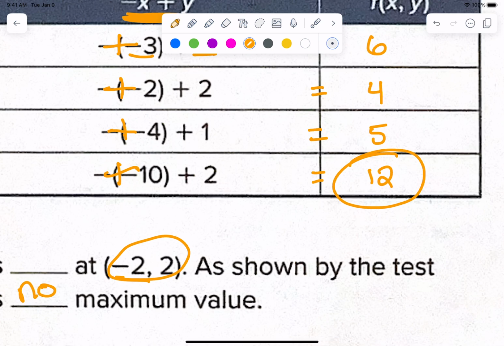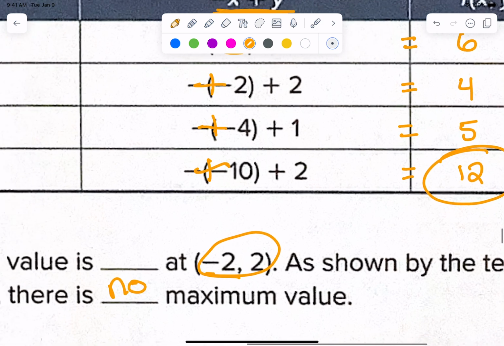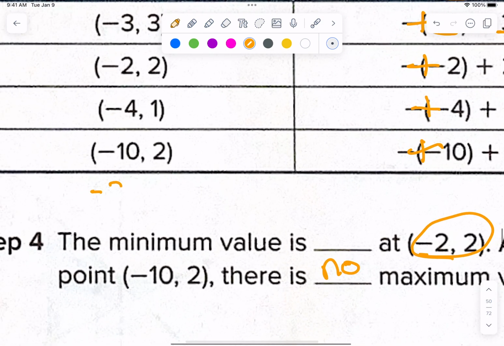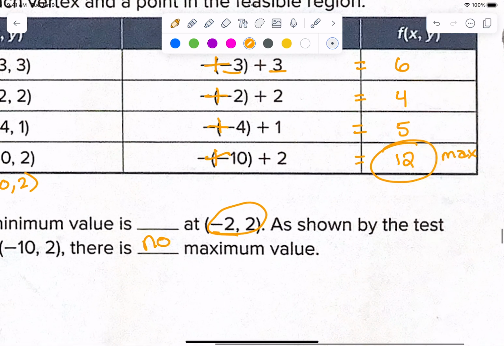Now 12 is my maximum point, right? But that was not an actual point on my graph. 12 was on forever to the left. If I did, let's say, -20, 2, do you think that would be even bigger than 12? Probably. So I can't count this one as my maximum value because it's not an actual point.